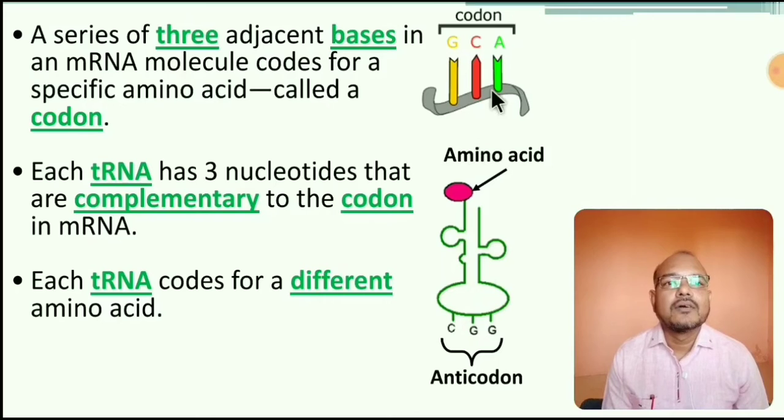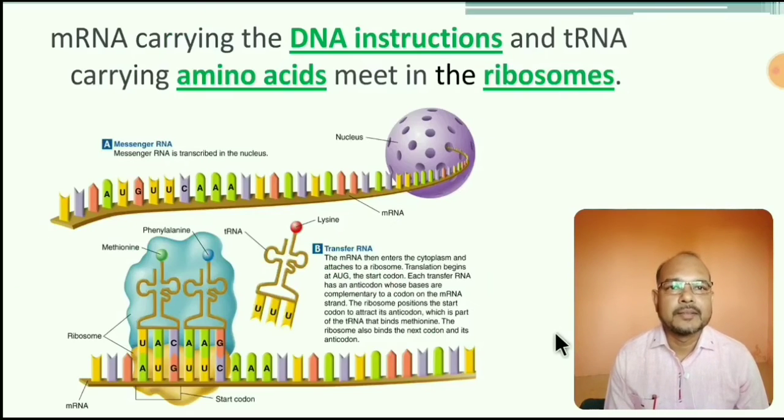So in that codonic region, the GCA and the amino acids bring the different 20 amino acids towards the anticodon region, and the codon and anticodon complement each other. The mRNA carrying the DNA instructions and the tRNA carrying amino acids meet in the ribosome.